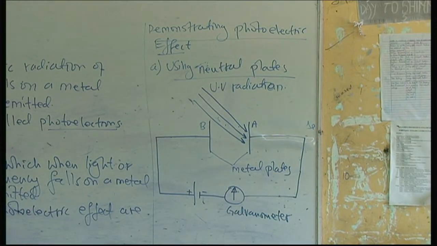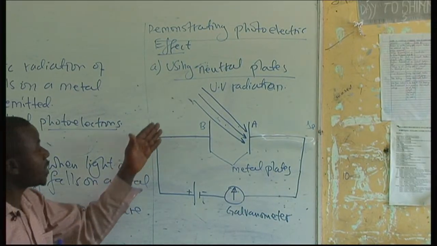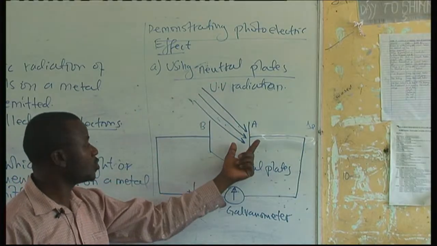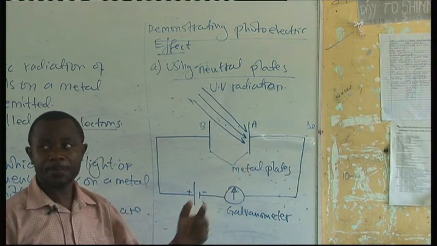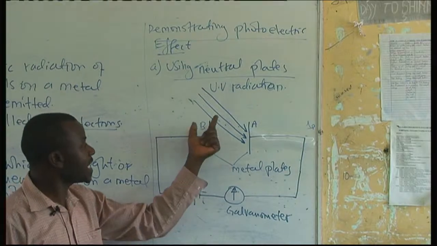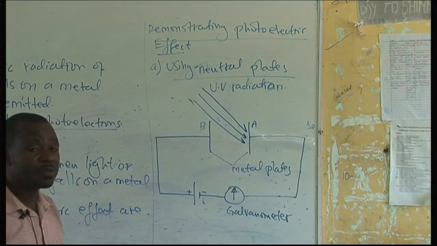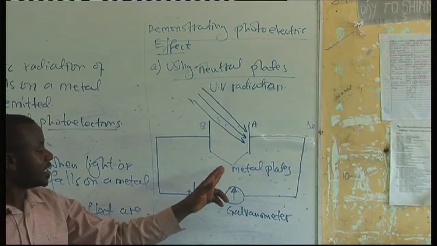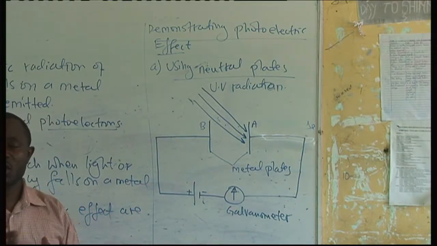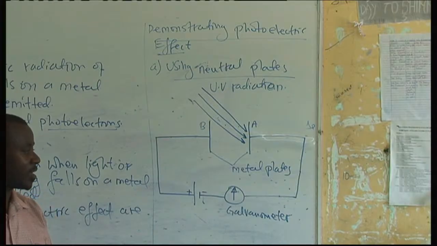Now, what is happening here? What do you think will be the observation when we direct the UV radiation onto metal plate A? If you direct this UV radiation onto metal plate A, the observation will be that the galvanometer is going to deflect.